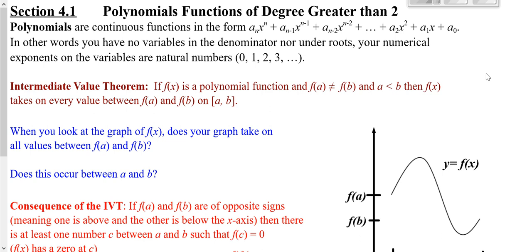So just be aware of that for polynomials, and polynomials will come into play later as we use them to define another function. So we're going to take a look at the intermediate value theorem.